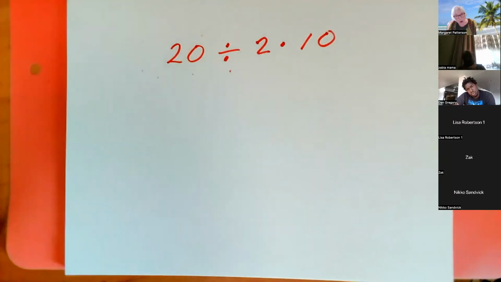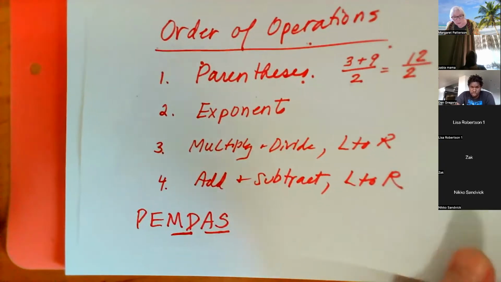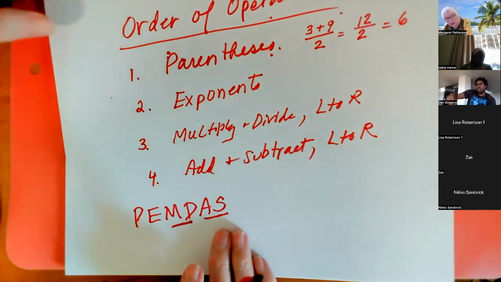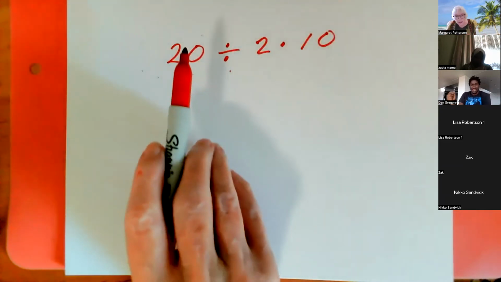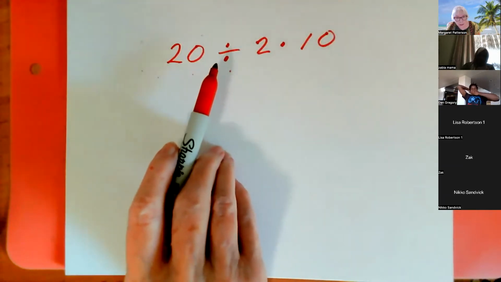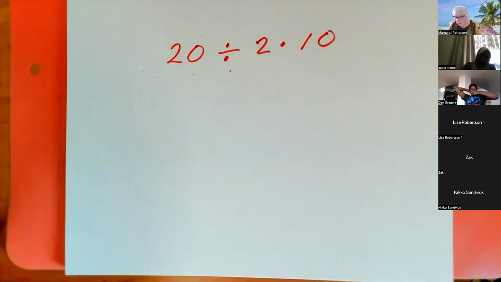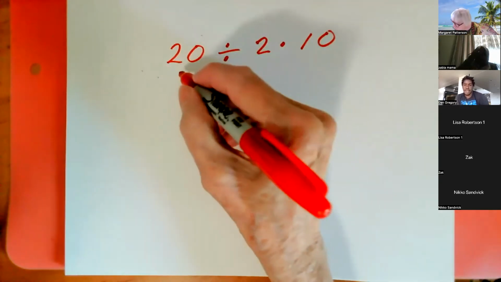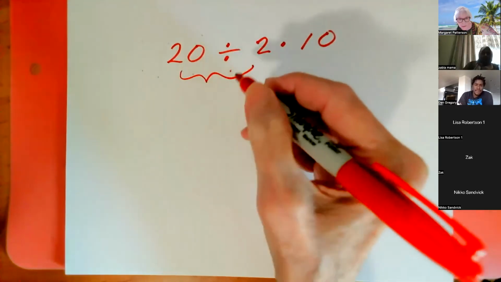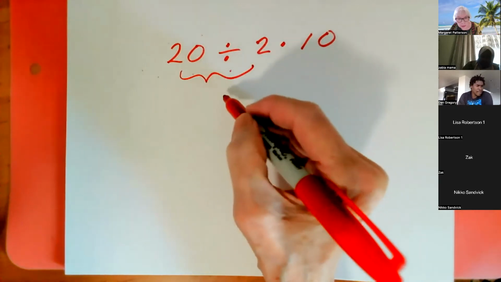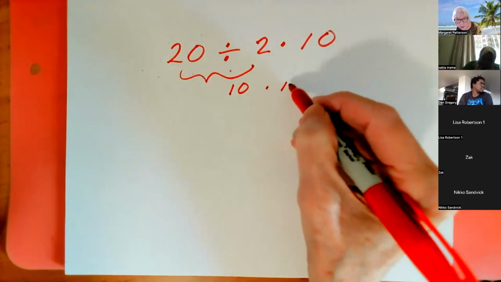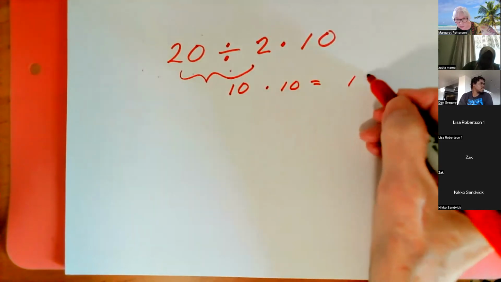And if you recall, they were both equal, at the same level of importance. Therefore, the rule left to right takes place. So can anybody tell me the correct answer to this? 100. Yeah, 100. So you would do this first. 20 divided by 2 is 10. That part's done. Then you multiply by the 10 at the end. That would be 100.